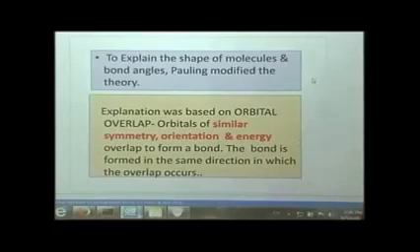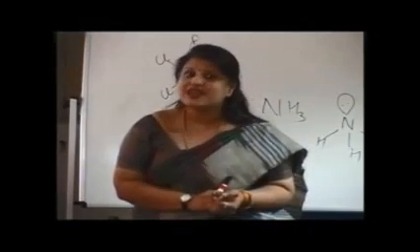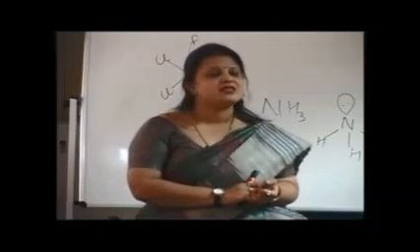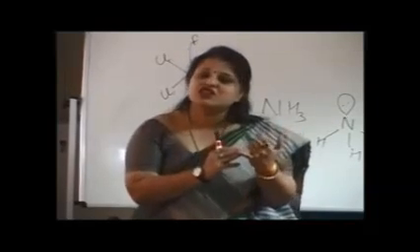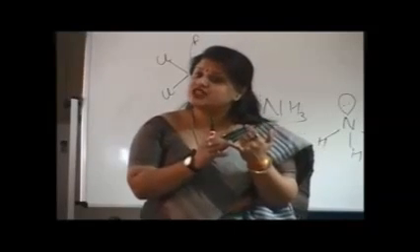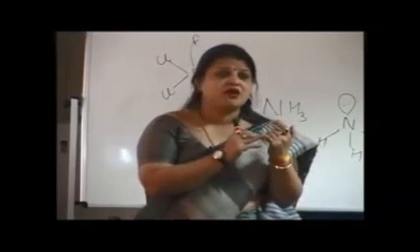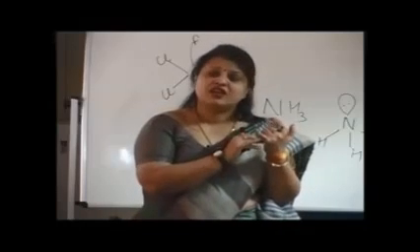This is what I initially showed you, that there are two ways of explaining the valence bond theory. One is the Heitler-London, the other is the Pauling. So Pauling basically concentrated on explaining the shape of the molecules. He said that orbitals of similar energy, similar shape and orientation, these three are very important things: energy, symmetry, orientation.